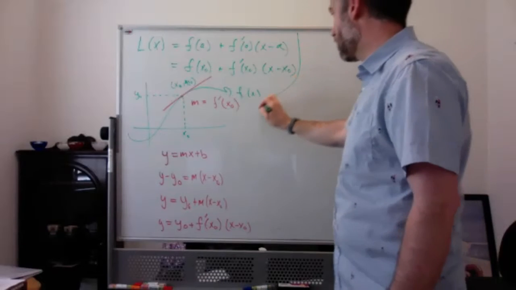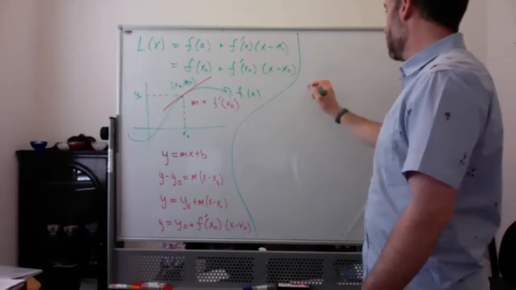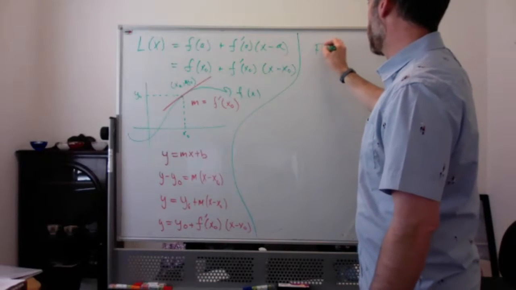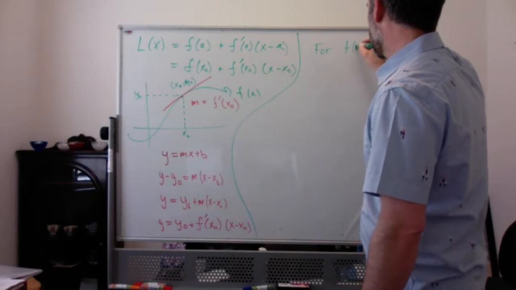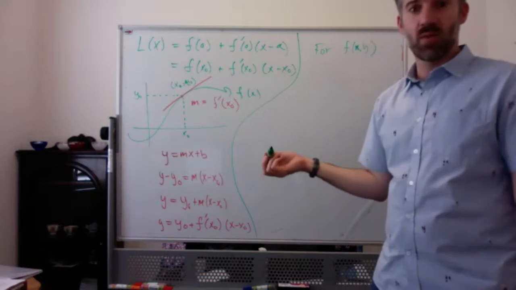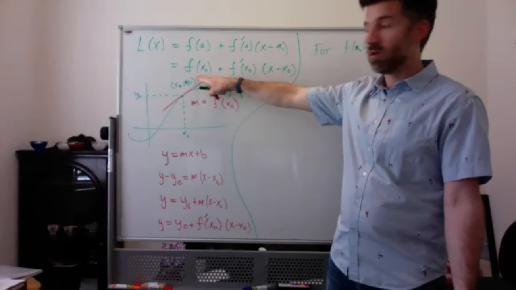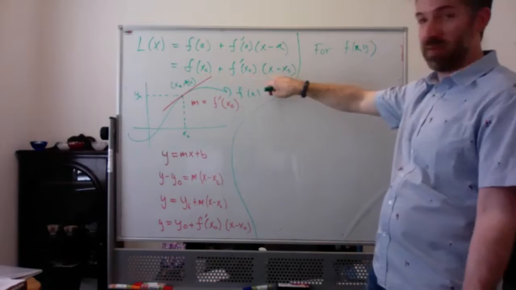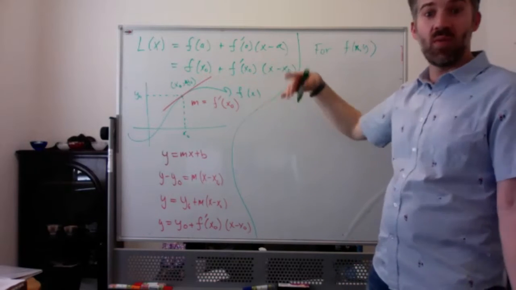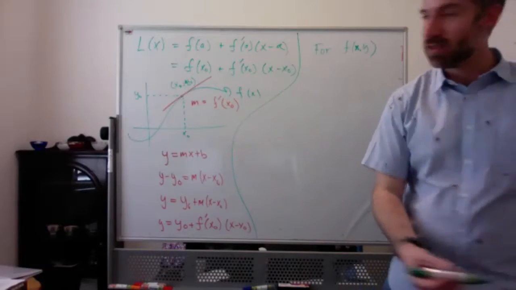So for a two-variable function, say f of x, y, the linearization is the function value plus the derivative in the x direction times x minus x naught, plus the derivative in the y direction times y minus y naught. So there's just an extra little piece.